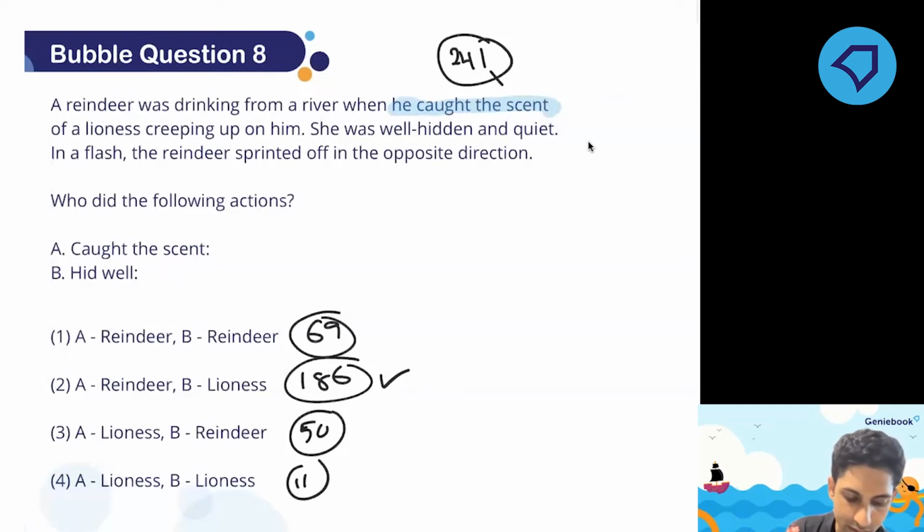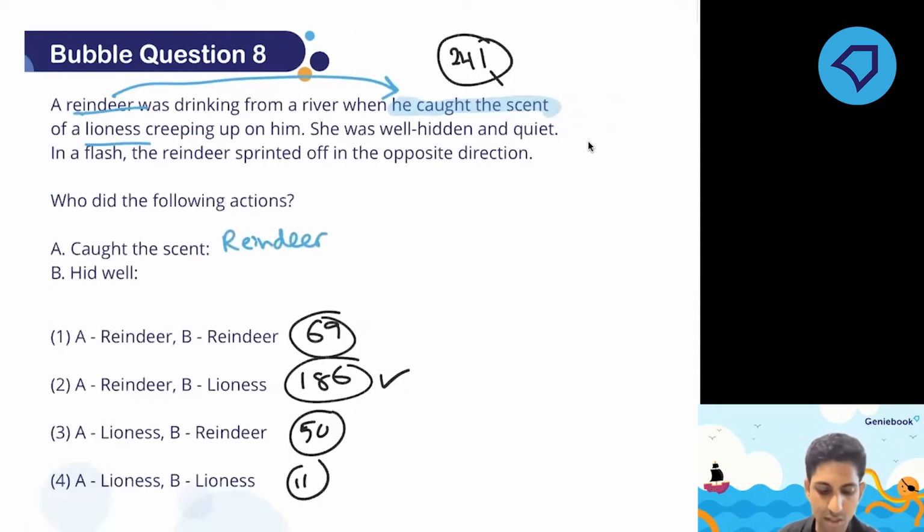The reindeer is a male, and then the lioness, definitely female. So we know the one who caught the scent is a reindeer. See? I mean, it's the first sentence. A reindeer was drinking from a river when he caught the scent. Definitely. Okay? So we know that part number 3 and number 4 are totally out.